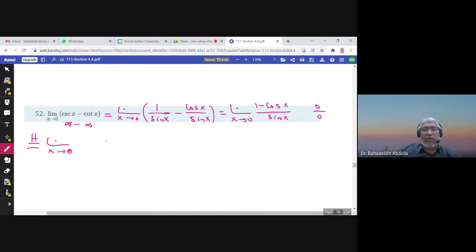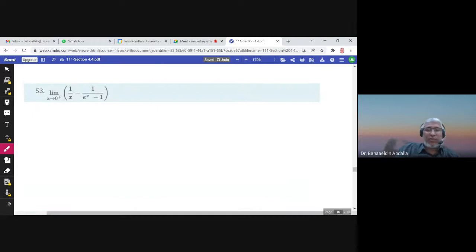Derivative of 1 is 0. Derivative of cosine is negative sine. Derivative of sine x is cosine x. Sine 0 is 0 over cosine 0, which is 1, and 0 over 1 is 0, so the answer is 0.